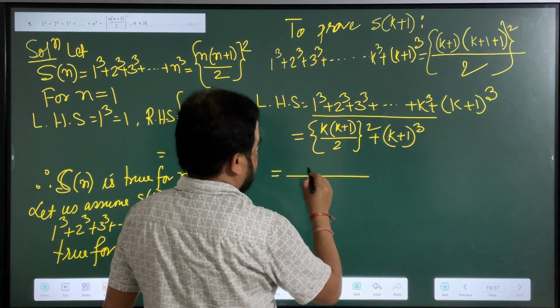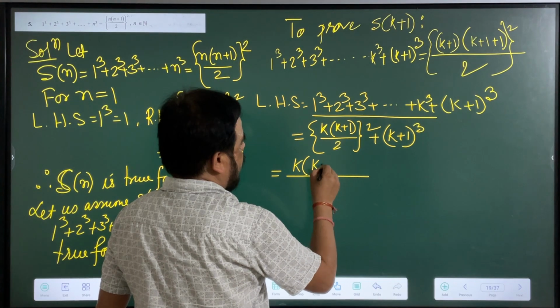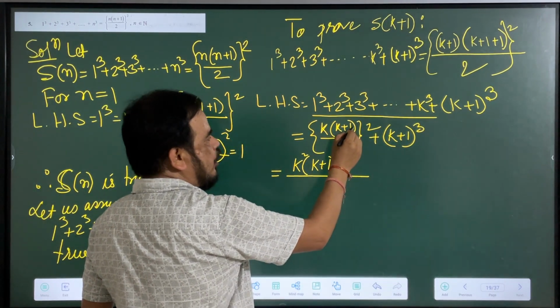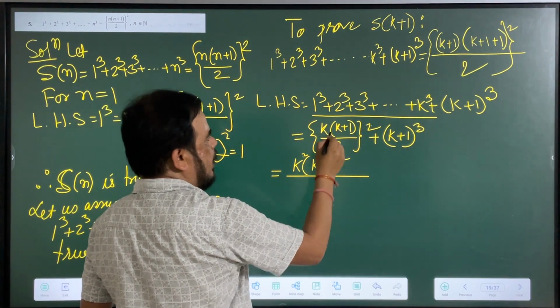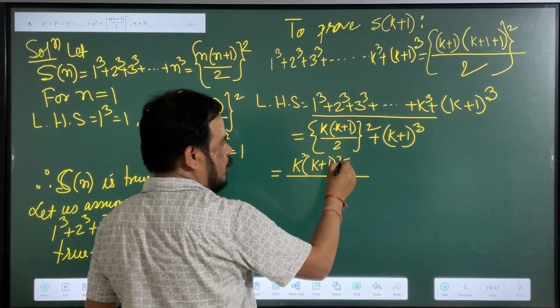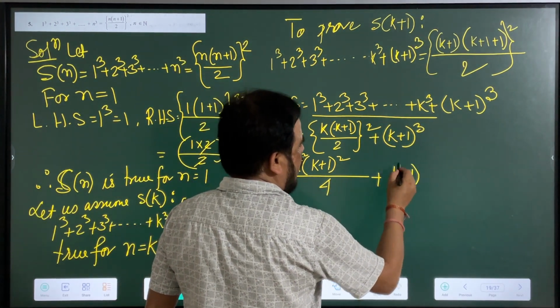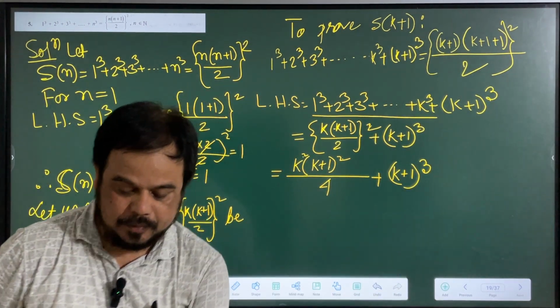Now k into k plus 1 whole square by 2 square. This is square for numerator. k square is k square, k plus 1 square is k plus 1 whole square, 2 square is 4, plus k plus 1 whole cube.